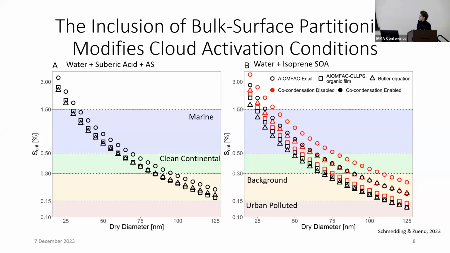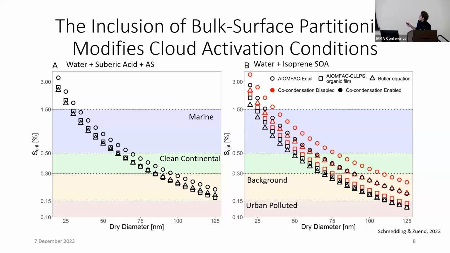Thinking about how bulk surface partitioning can impact the cloud activation for atmospheric aerosols. These different colors correspond to the maximum supersaturations you could find in different cloud types, and the different shapes correspond to different models for bulk surface partitioning.